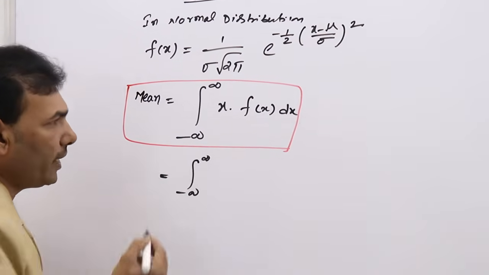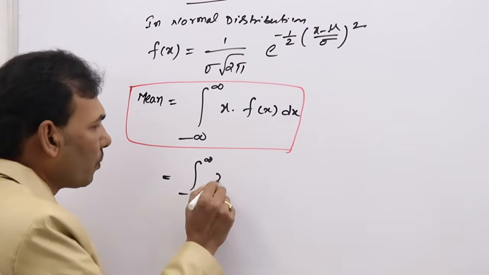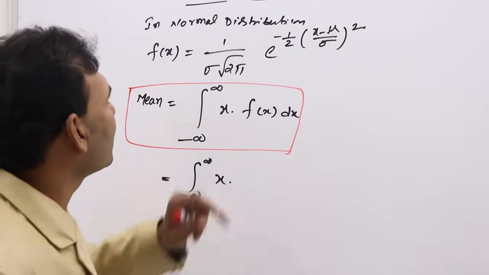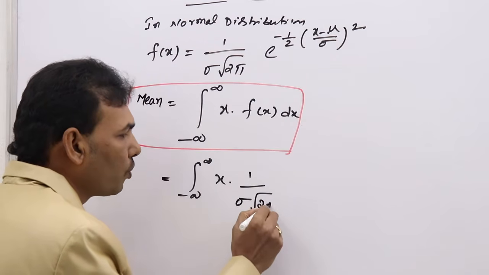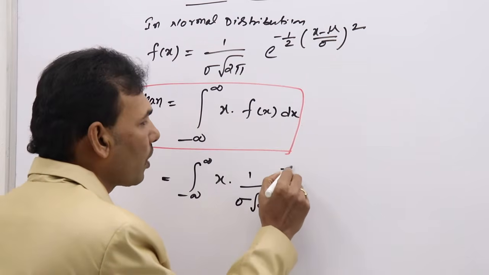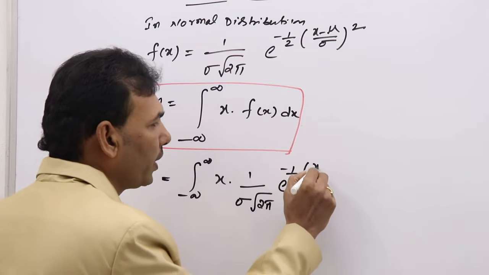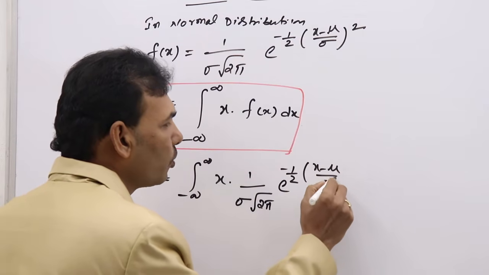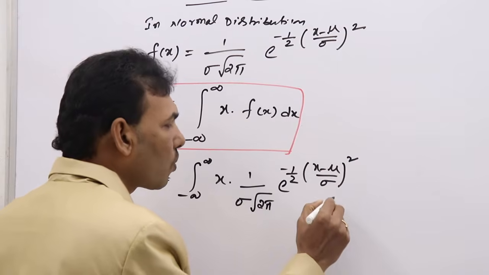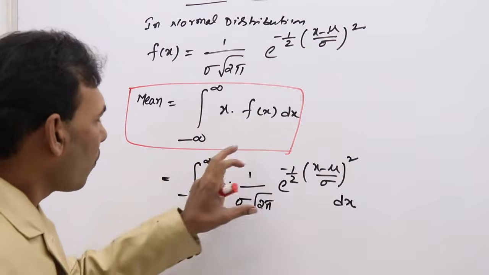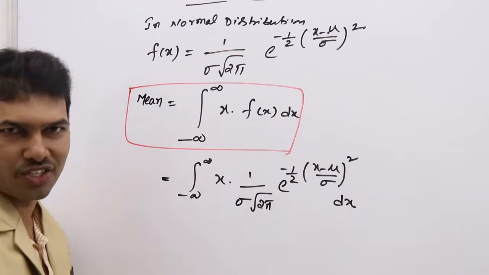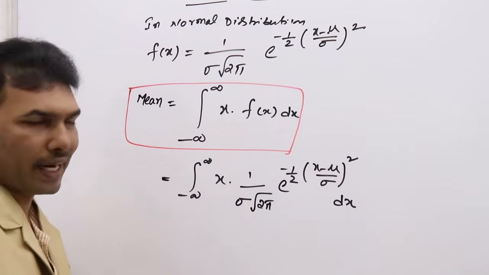That I am going to write. x into small f of x is 1 by sigma root 2 pi e to the power of minus 1 by 2 into x minus mu by sigma whole square dx. Now 1 by sigma root 2 pi is a constant. The remaining value we will write next.